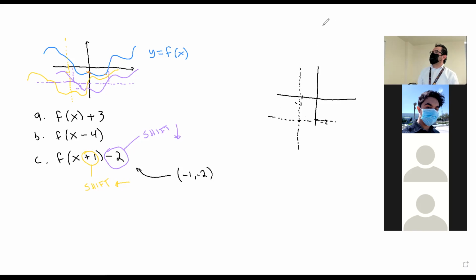So now, if we try to copy the other graph, it would go something like this. So that's another way of seeing it. We are either moving the graph or we are generating a new zero where we've moved the Cartesian plane. Either of those is correct.